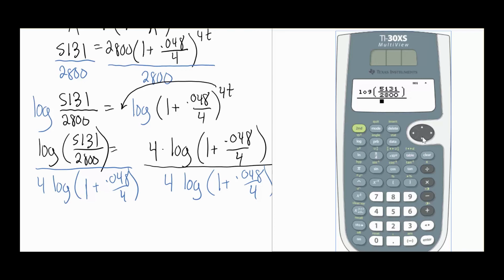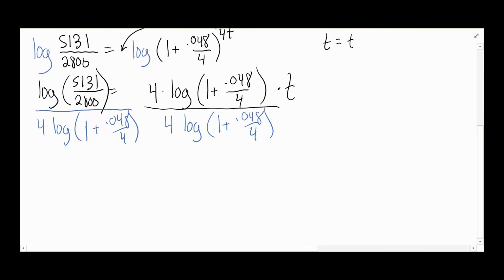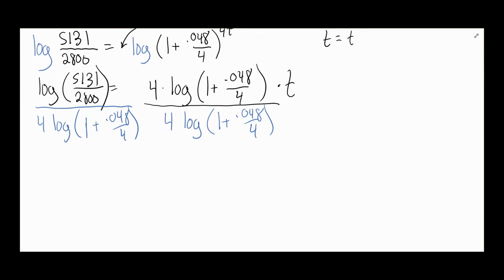Close that parenthesis and arrow down to the bottom. 4 log 1 plus fraction button 0.048, arrow down to the bottom for my 4, and we can literally type this exactly as it appears on our paper. Hit enter and we get an answer of 12.69 years.